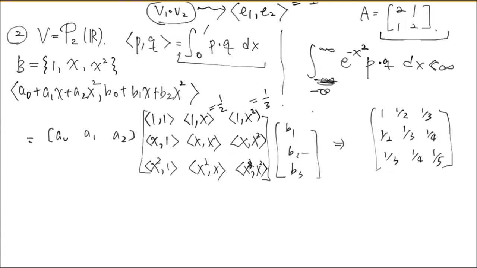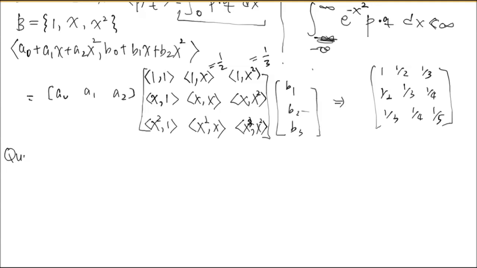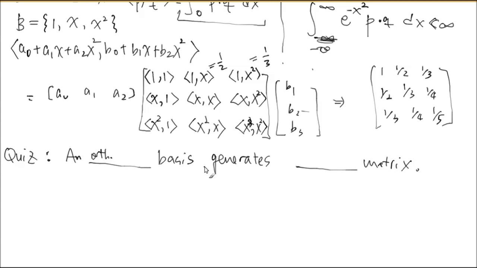All right, let me give you this quiz right now. What kind of basis generates this matrix? You see, this is the thing, right? If you take the inner product to itself, what happens if these are orthonormal? 1, 1, 1.